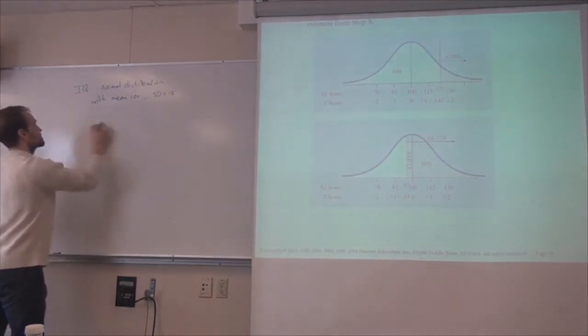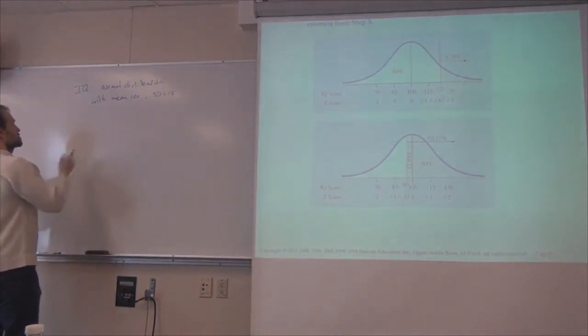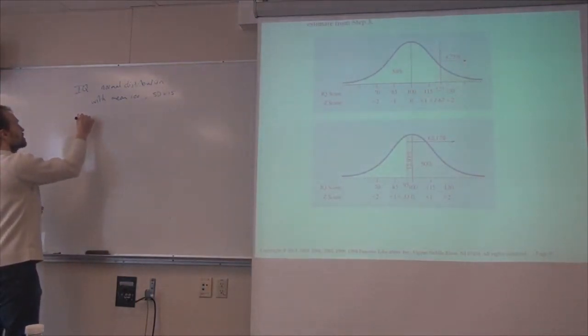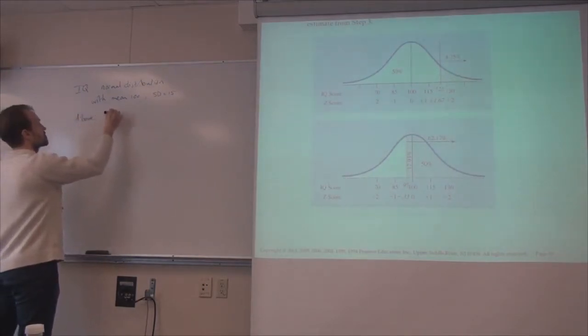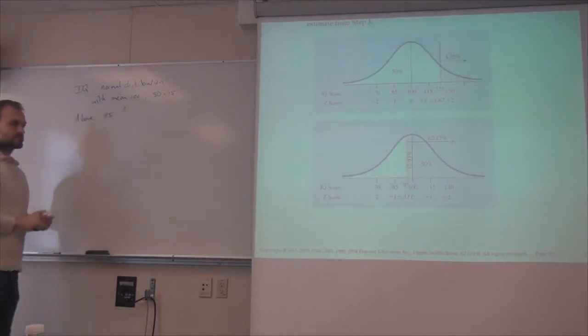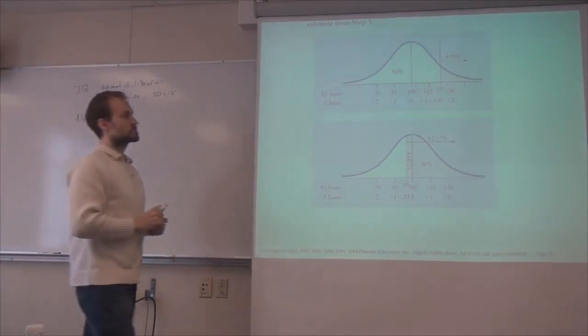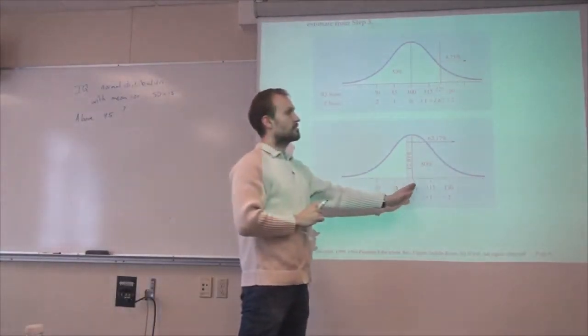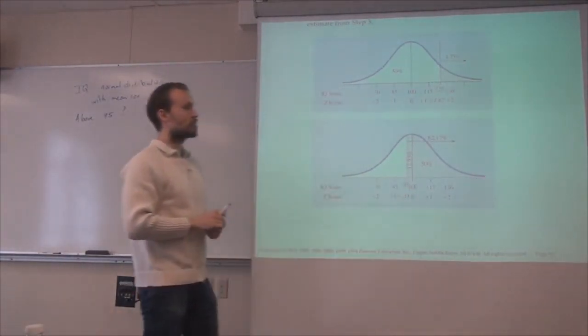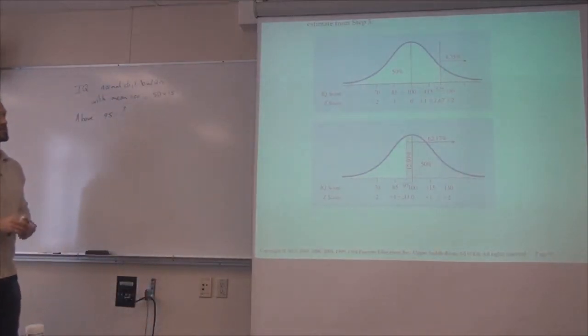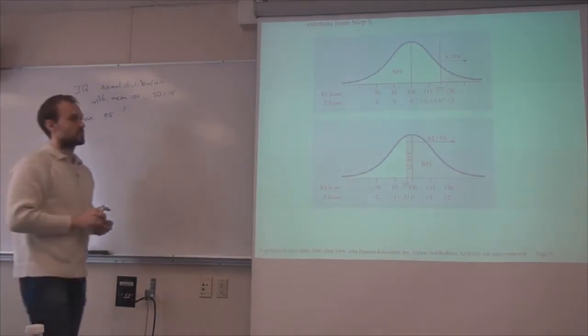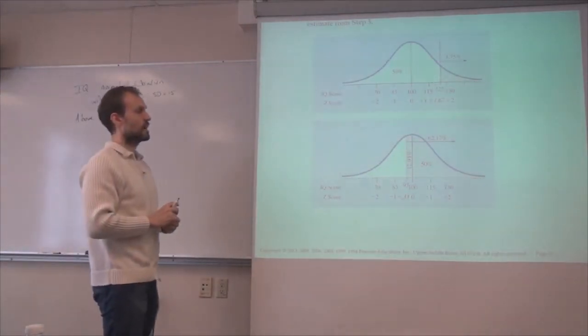So the question is above a score of 95. I know that the average is 100, so over half of the population will have a score of 95 or above.